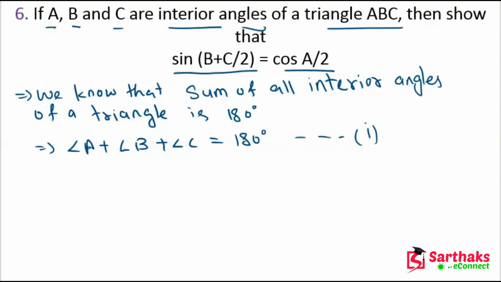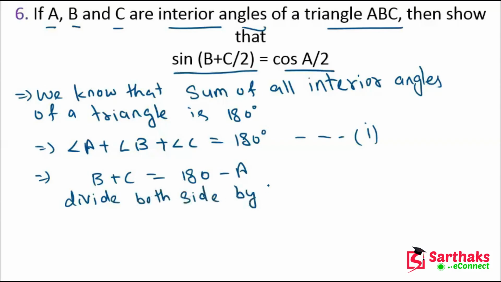Equation number 1. Now to find the value of B plus C, we have to simplify this equation. So we can write B plus C is equal to 180 minus A. Divide both sides by 2, so it becomes (B plus C) divided by 2 is equal to (180 minus A) divided by 2.